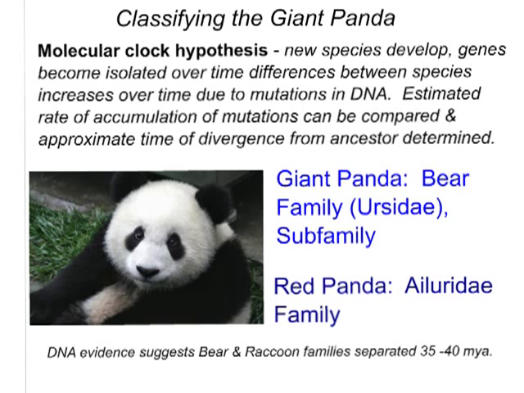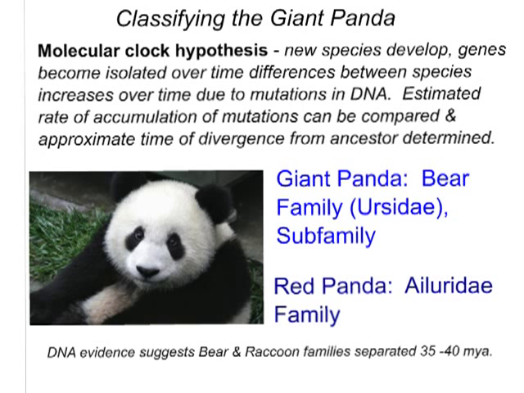So there is a hypothesis that has come about called the molecular clock hypothesis, and let me explain that just a little bit. The idea is that as new species develop, genes become isolated over time, and so the differences between species will increase due to the natural mutations in the DNA between the isolated groups.